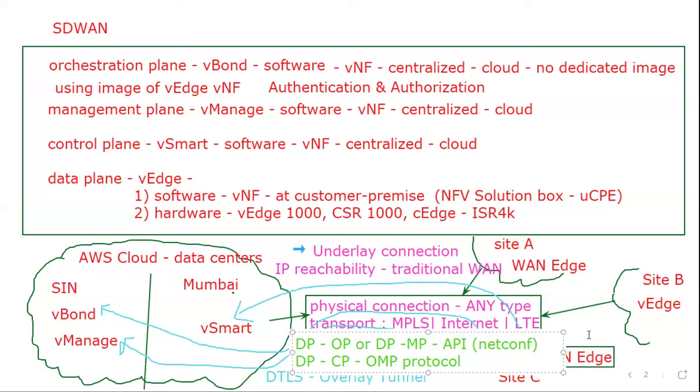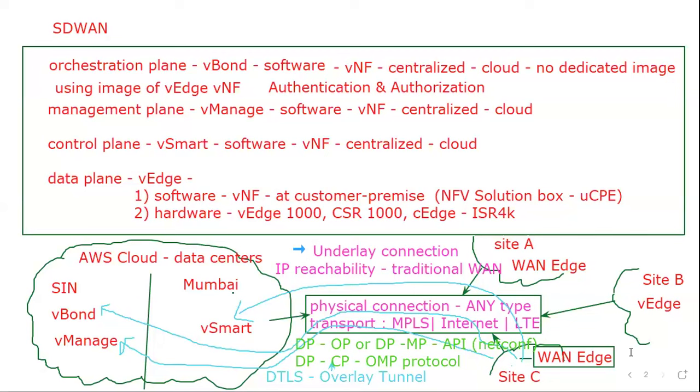Once you get to know this, this is all theory which I told you. But when we have the full-fledged session, we will study it in practical terms: how the physical connections are there, how the underlay tunnel is created, then how the overlay tunnel is created, how these APIs are enabled, how OMP is enabled.